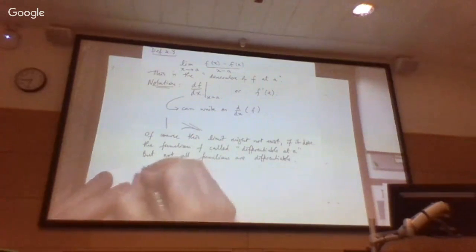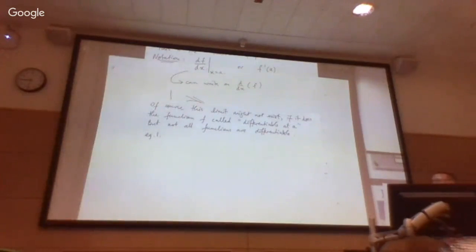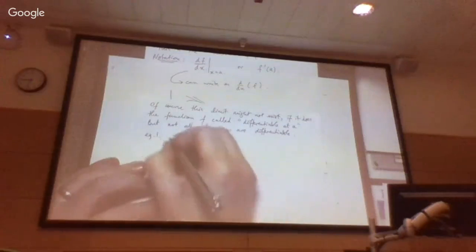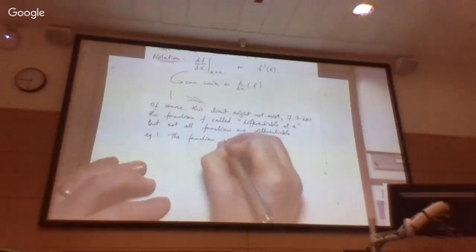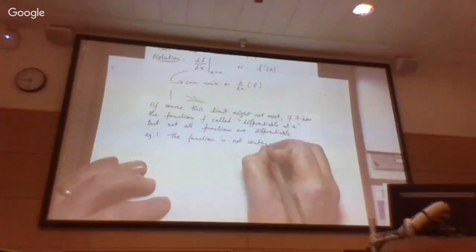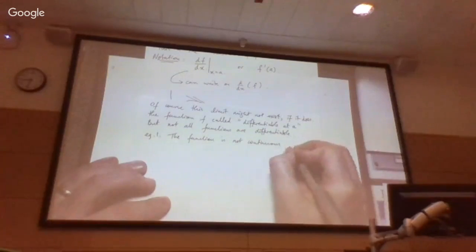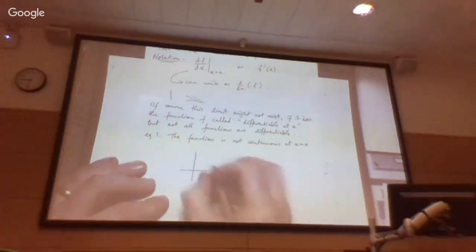For instance, it's a requirement that the function be, at least, continuous. So if the function is not continuous at a, it won't be differentiable. And you can see that easily enough.